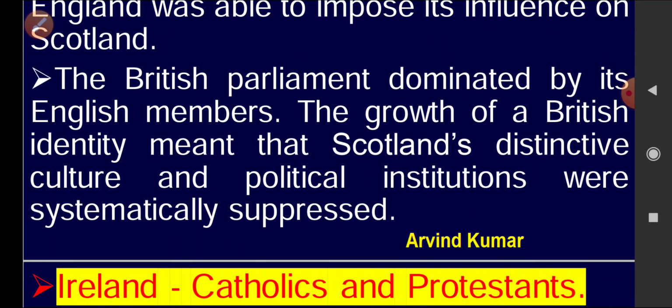This showed the dominance of England over Scotland, which led to friction among the people. Although in this chapter no other discussion is given about Scotland and England, about what happened ultimately.